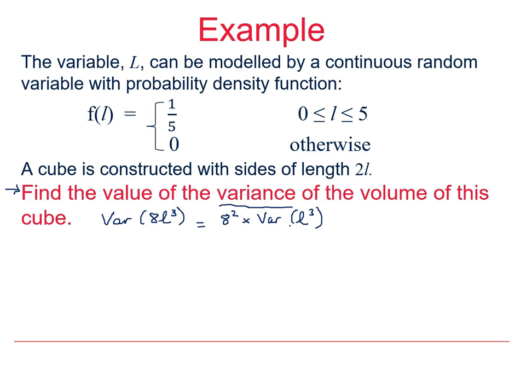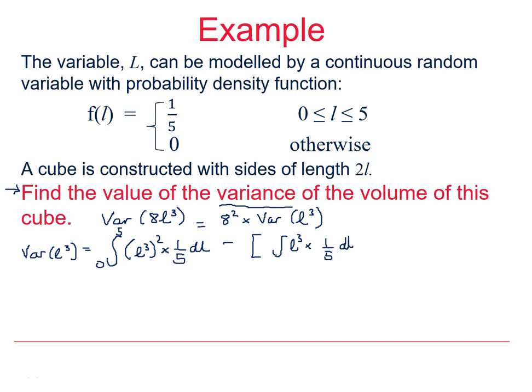And if we want to find the variance of L cubed, we are going to use the formula at the beginning, where L cubed is our g of L, our function of L. So it's going to be the integral between 0 and 5 of our function g squared multiplied by f of L, the probability density function, and then we're going to subtract the expected value of L cubed, which is the integral of L cubed multiplied by the probability density function between 0 and 5, squared.